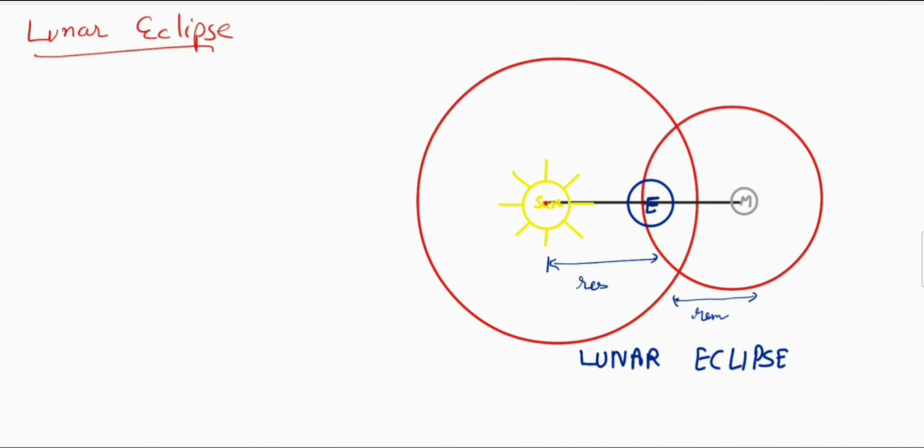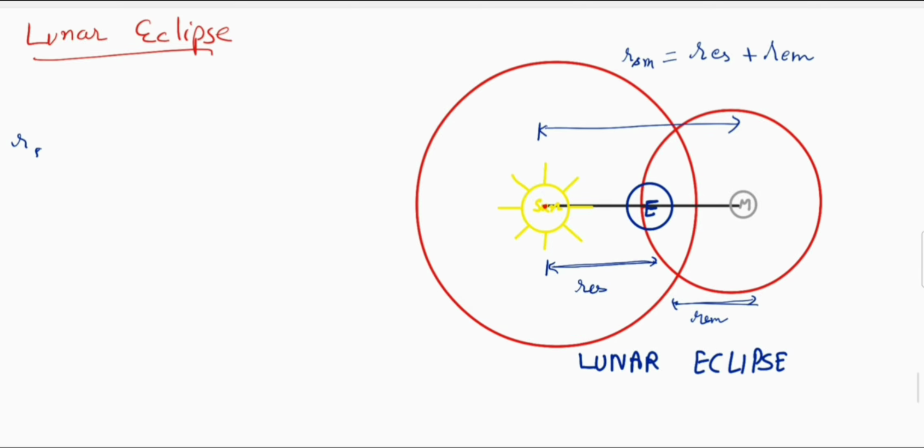And during the lunar eclipse, earth comes between sun and the moon, and the total distance between the moon and the sun, which is equal to RSM, in this case will be equal to RES, this distance plus REM. So here we'll find RSM first, which is equal to RES plus REM, which is equal to 1.5 into 10 raised to power 11 plus 3.8 into 10 raised to power 8 meter.